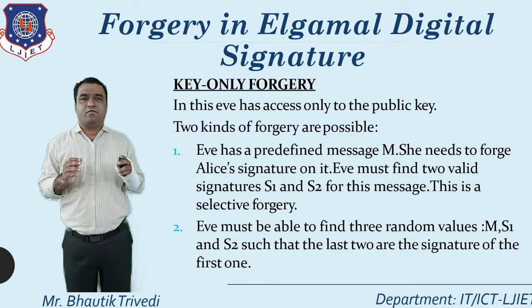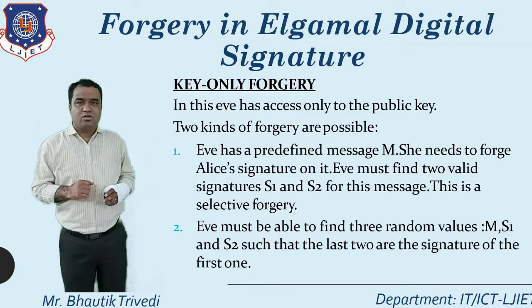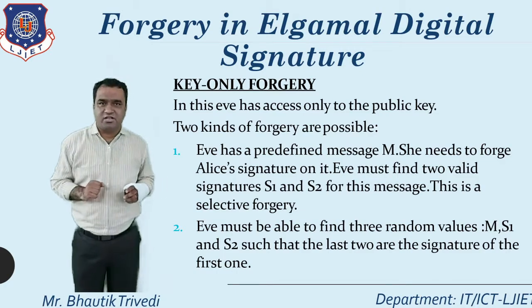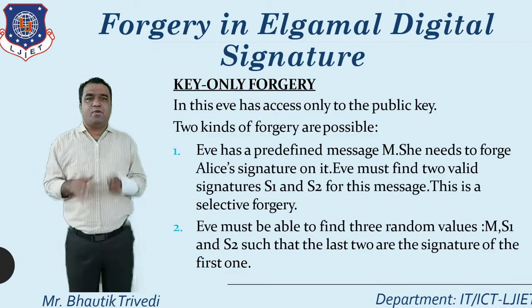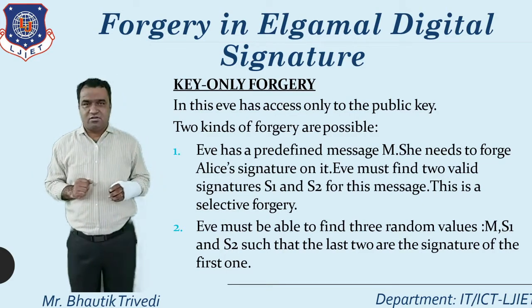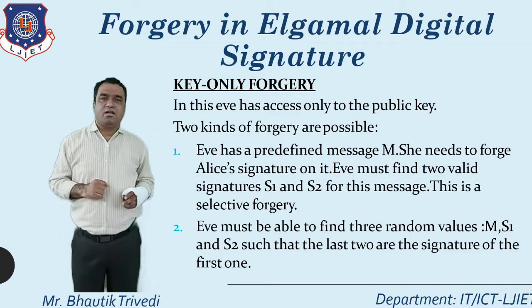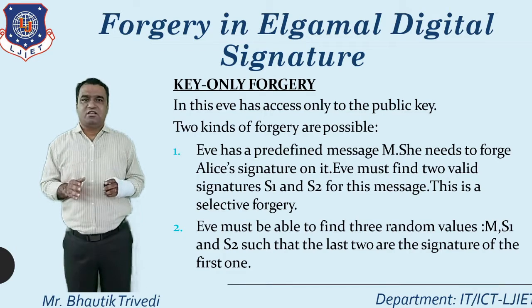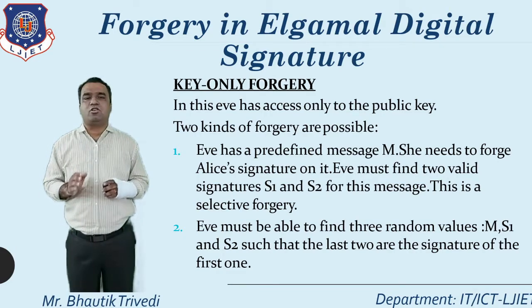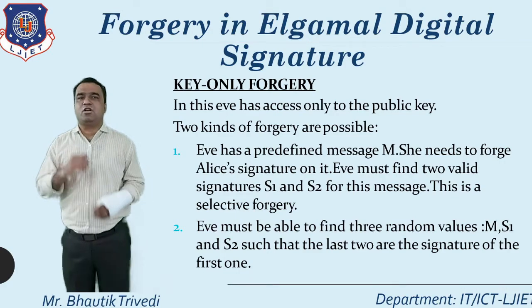At that time, first of all, he finds two valid digital signature values S1 and S2. This is known as a selective forgery. But the particular person must be able to find three random values: one for M, second for S1, and third for S2. So at least the last two are the signature of the first one. This is the way you can apply the key-only forgery.